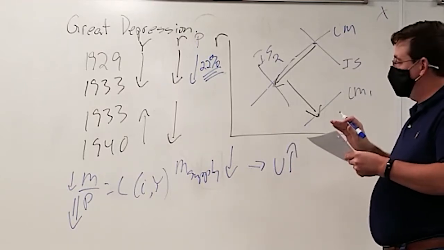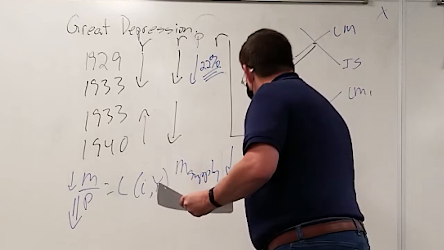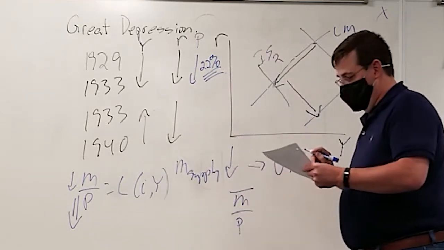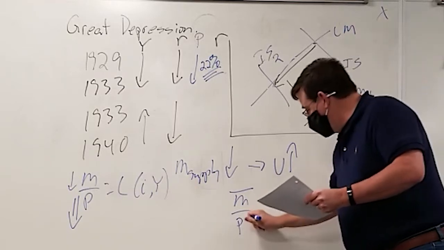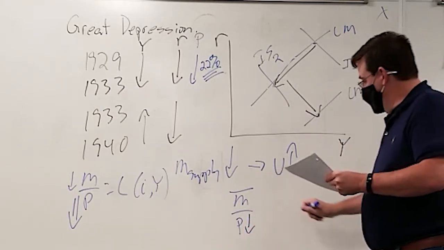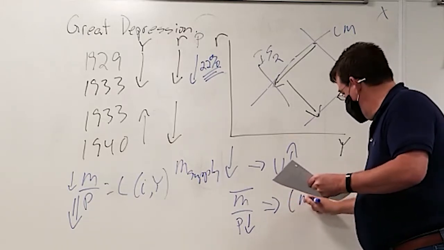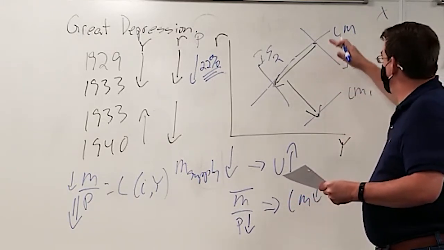If prices are falling, and if the money supply is being held constant, for a hypothetical here, and prices fall, right, that causes the LM curve to shift down.